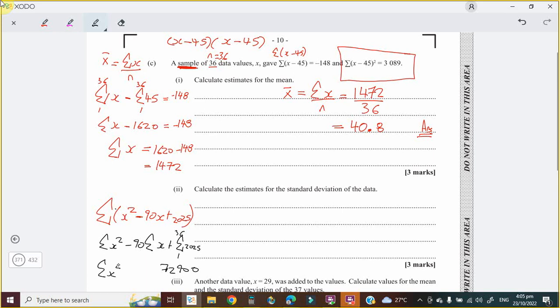Now look at this, Lamario. So this is the sum of x squared minus, we know the sum of x. We got the sum of x already to be 1472, don't we? So work out 90 times 1472 for me.